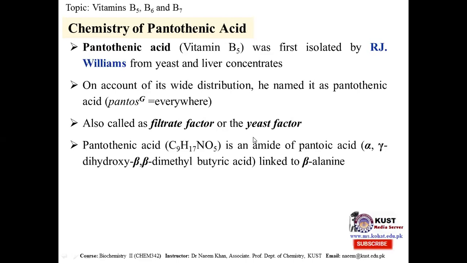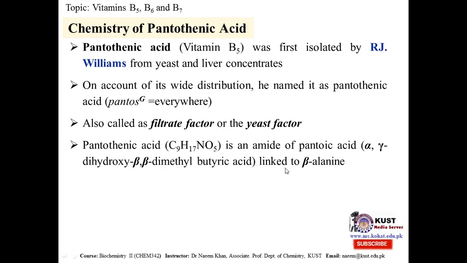From the chemistry point of view, the molecular formula of pantothenic acid is C9H17NO5, and it is an amide of pantoic acid, alpha gamma dihydroxy beta beta dimethyl butyric acid, which is linked to beta alanine.